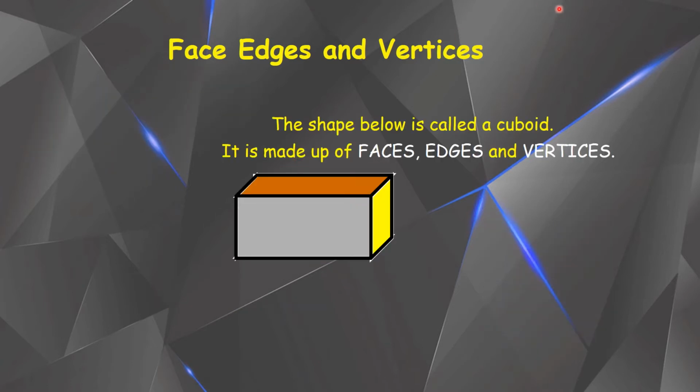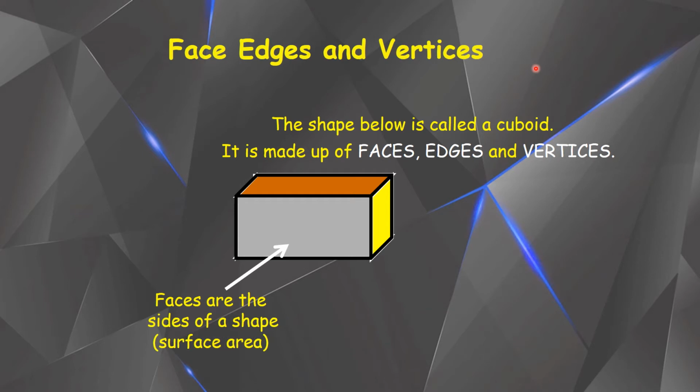Now let's check the faces, edges, and vertices of a cuboid. Faces are the sides of a shape. It's the surface area. The total surface area, we can add all these areas, and it will give you the surface area. And edges are where 2 faces meet, lines.